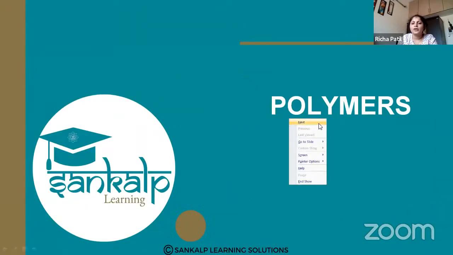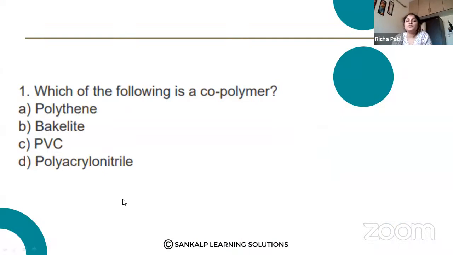Which of the following is a copolymer? What do you mean by copolymer? Now you know what the monomers are. Yes, it is the right answer. Copolymer means it is made up of two different monomers.